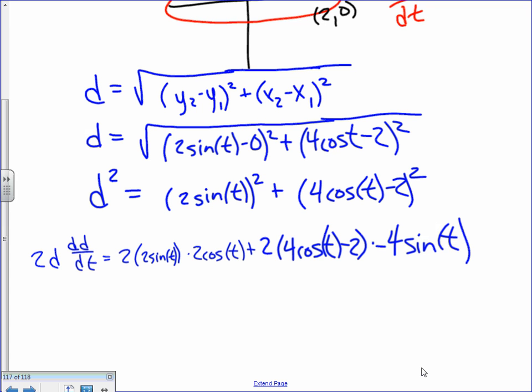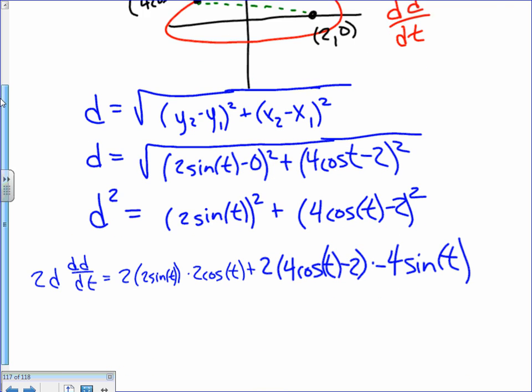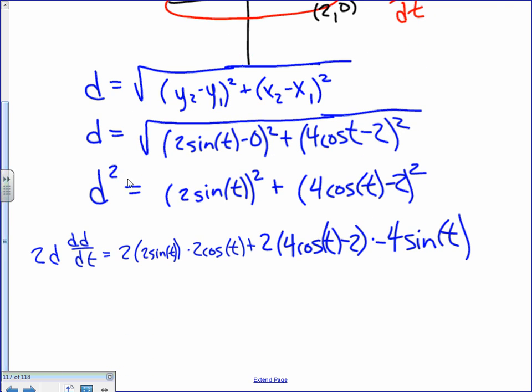Now, the question was, what is d'(t) at a random time t? So right now, you see our expression has a bunch of t's in it. We're allowed to have t in it.